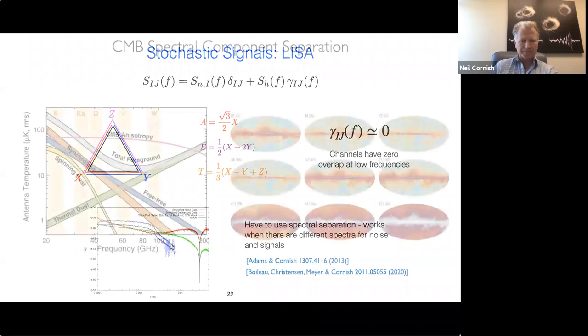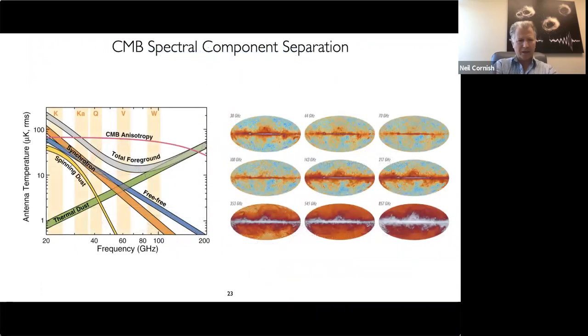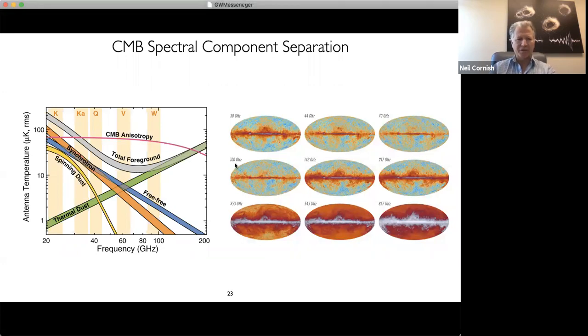That is familiar in, say, cosmic microwave background analysis, where on the left you see the different contributions to the microwave background as a function of frequency, and on the right you see the different maps that you can make at each frequency. For example, at 60 gigahertz and 100 gigahertz, you're more dominated by the CMB component, whereas at lower frequencies you start picking up, say, synchrotron.